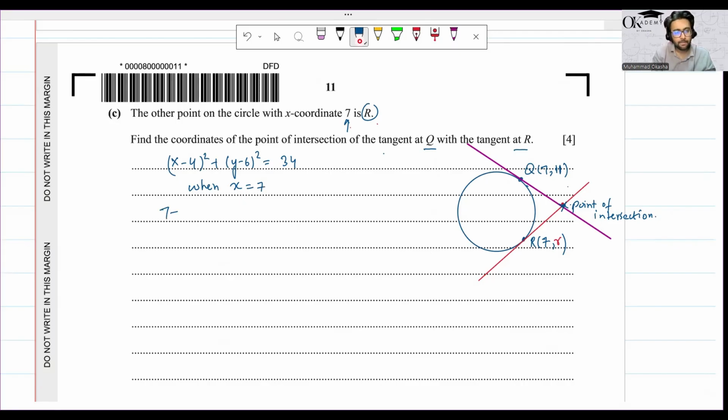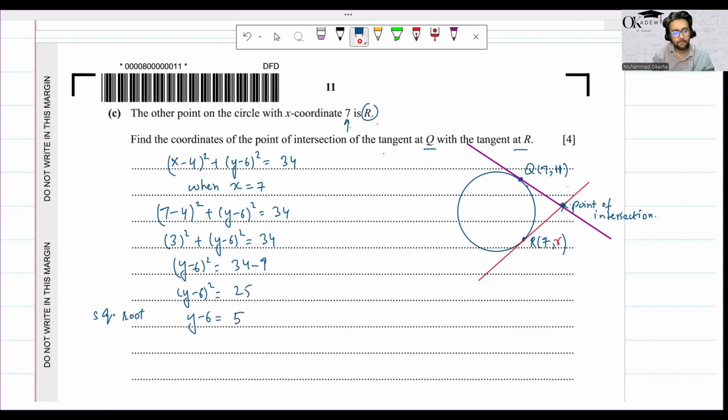So (7 minus 4) whole squared plus (y minus 6) whole squared equals 34. 7 minus 4 is 3, so that's 3 squared plus (y minus 6) whole squared equals 34. (y minus 6) whole squared would be 34 minus 9, which is 25. If I square root both sides, I'm going to get y minus 6 equals plus or minus 5, to be precise.